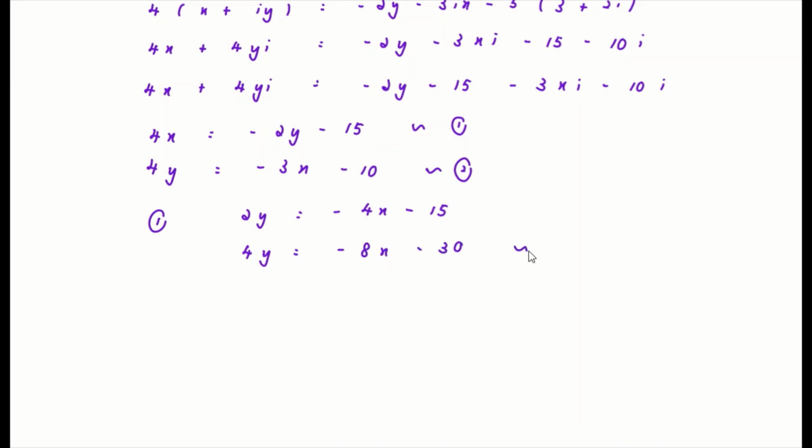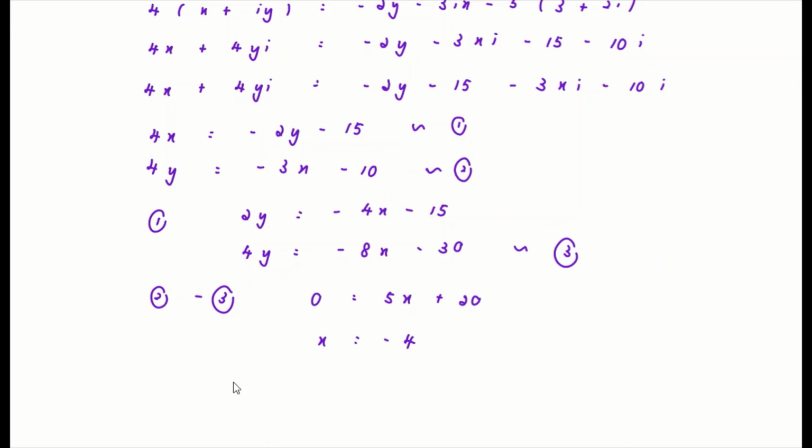This will be my third equation, and I'm not going to change anything for 2. Then I use my number 2 equation minus my number 3 equation. So 4y minus 4y, I got nothing, so I got 0 equal to this one minus this one. I have 5x, negative 10 minus, so I will have plus 20. From here I can solve and get x equals negative 4.